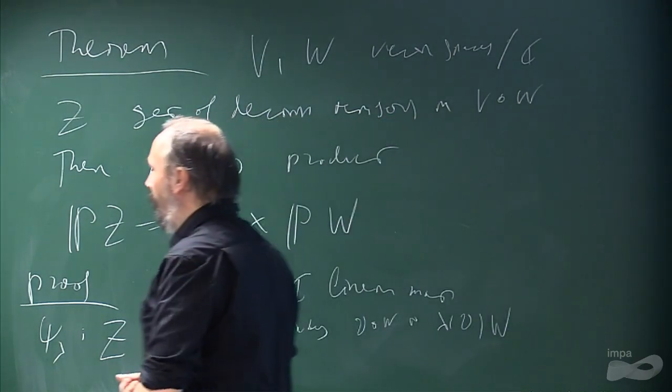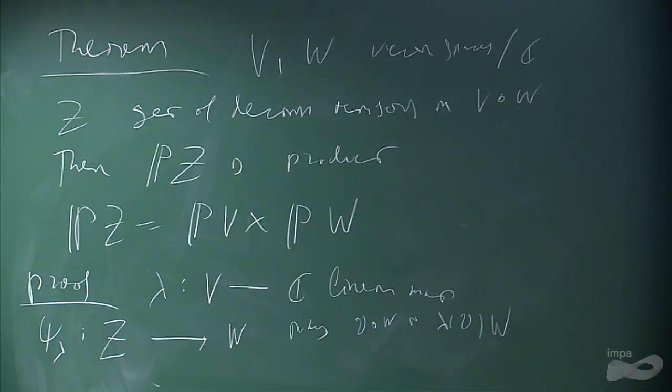But it is well defined as a map from the set of vectors in V such that, so let's consider the affine chart: A_lambda inside V is the set of all vectors v inside V such that lambda(v) is non-zero.